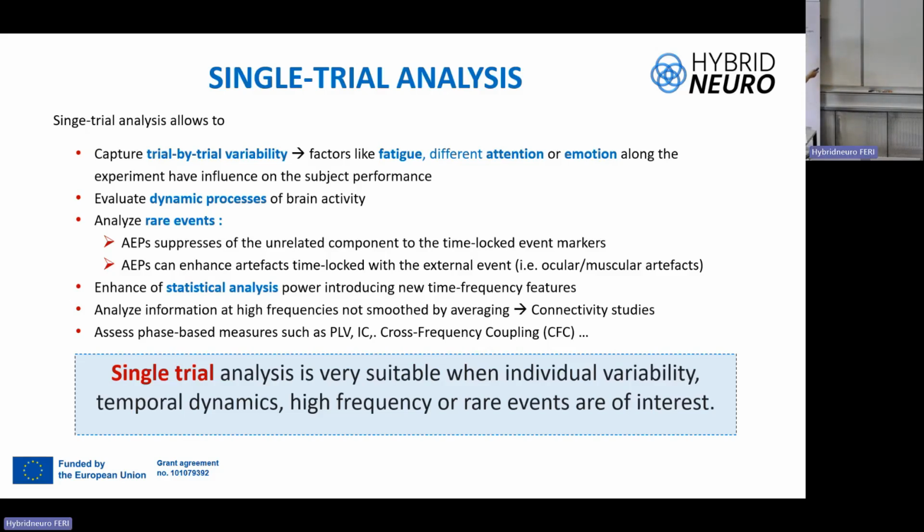And also, what is very important, the phase-based measures, like for the brain connectivity, can be calculated later in the single trial approach, because we maintain the phase information of the EEG signals. When you average, you remove all of this, and you don't have this information, which is very important for brain connectivity.